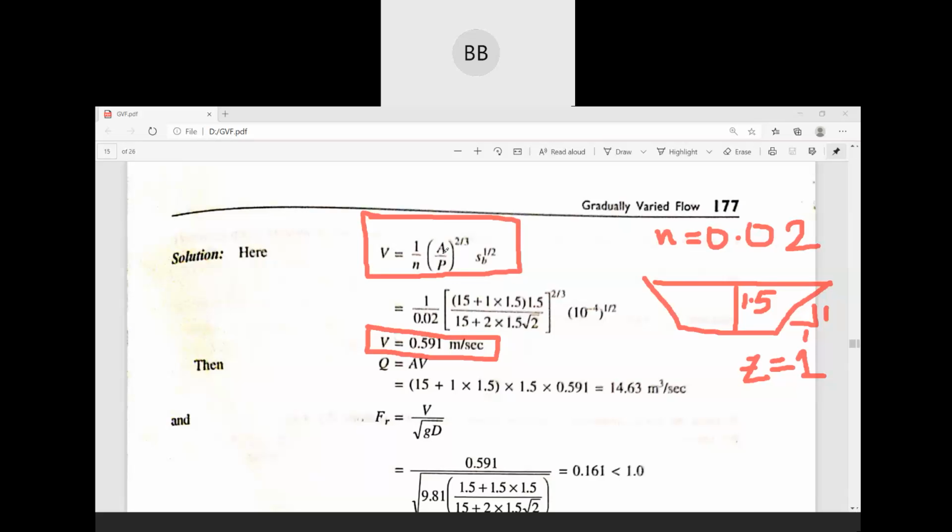So you can directly find out the velocity. Velocity will be 0.591 meter per second.